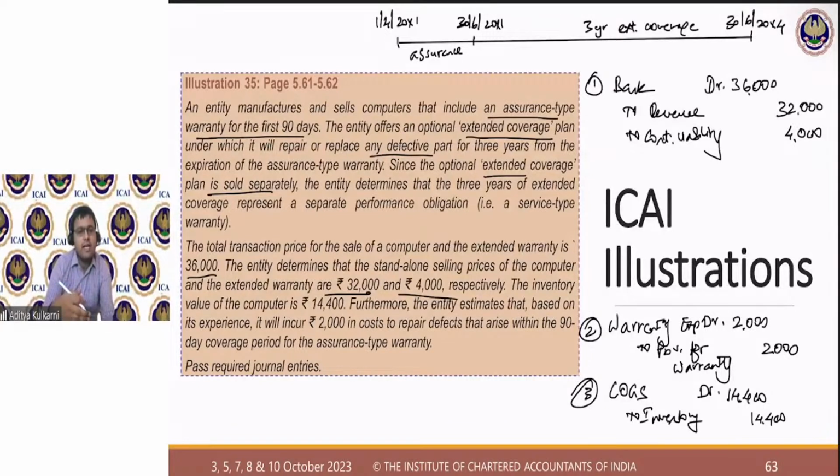Us time pe toh Ind AS 116 tha nahi, but the question is asking us on Ind AS 116, and then the student will end up answering Ind AS 17 if he or she has studied, and ultimately it ends up in an adverse scenario for the examiners also, for the students also.